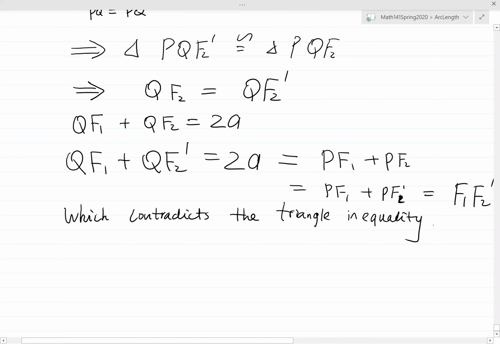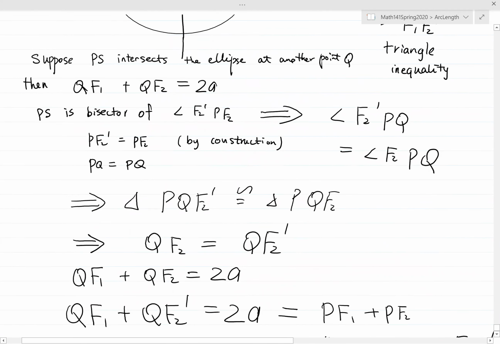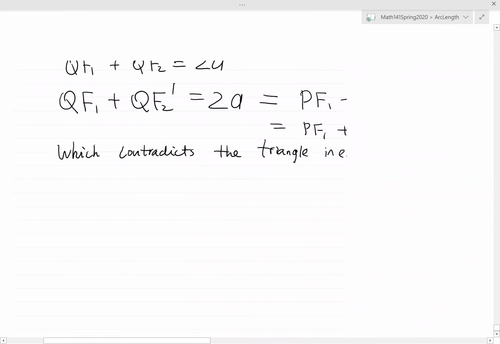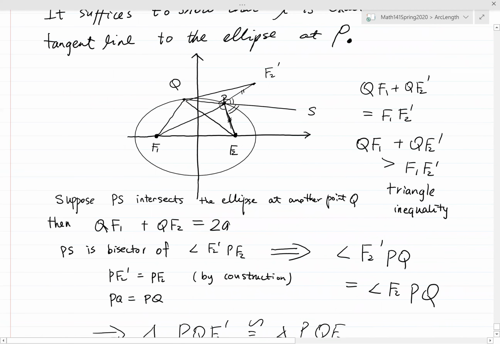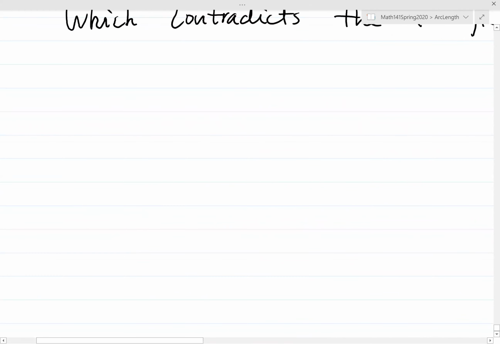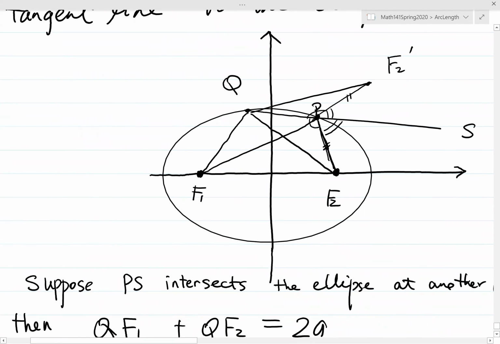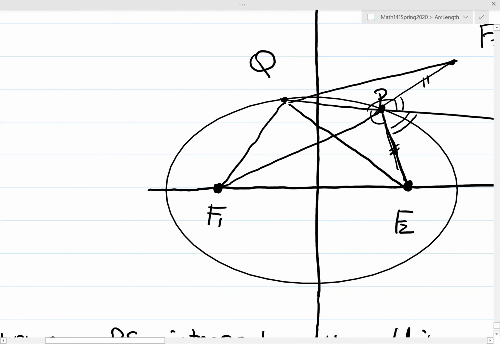You see, we use nothing fancy about the property of this ellipse. We only use the definition, the basic property. Now you see how light reflected on this curve is exactly related with the definition of this ellipse. This is a remarkable property.